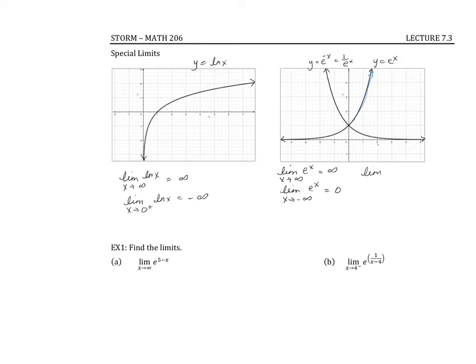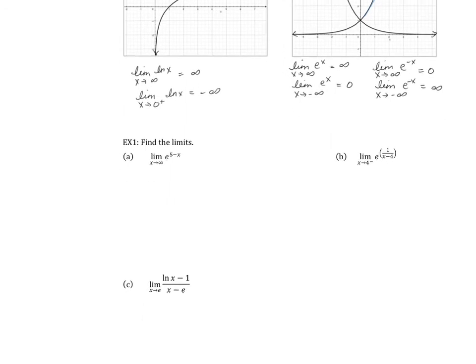So the limit as x goes to infinity of e to the negative x is the opposite. That would be the 0. And then the limit as x goes to negative infinity of e to the negative x, that's actually going to be positive infinity. Okay. So let's explore these properties of limits.